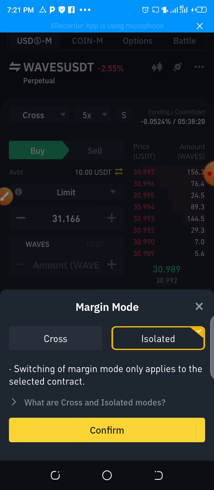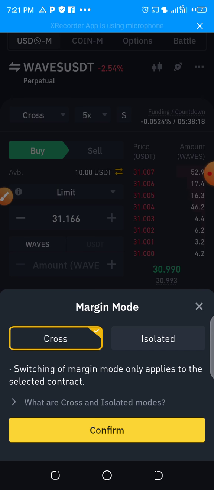So if I'm using cross margin, my total account balance is $10 and I'm putting in $1 in a trade. After the $1 is being exhausted, I will not be liquidated. So the remaining $9 will cross over and start being used. The $9 will still be sustaining the trade depending on when the market will reverse. That is the difference between these two.